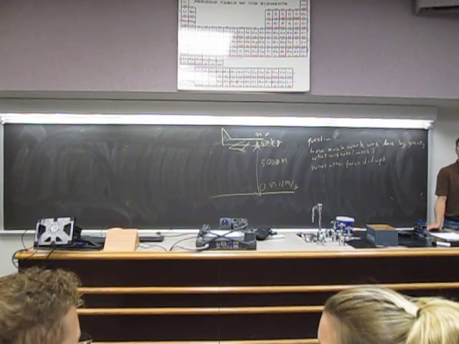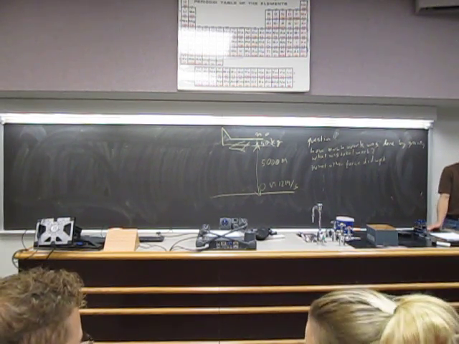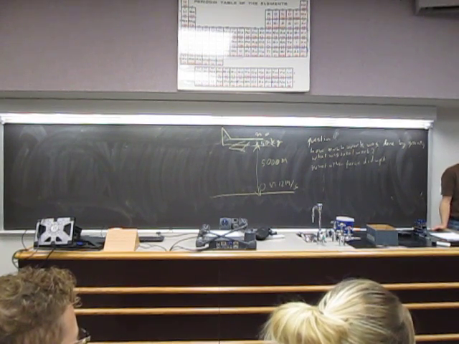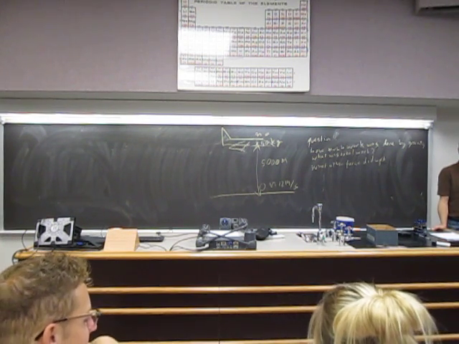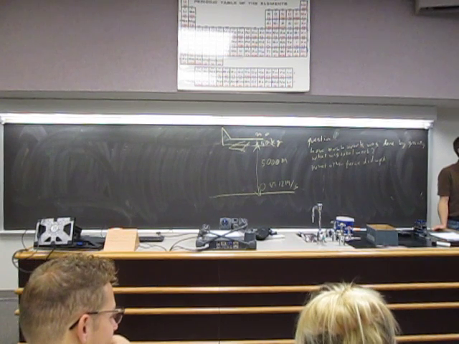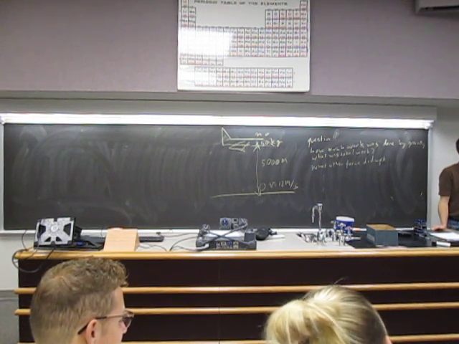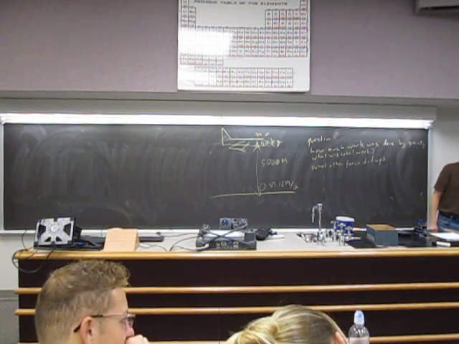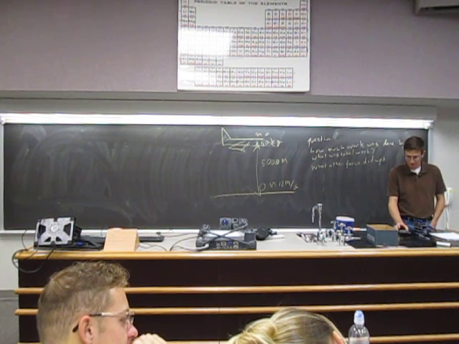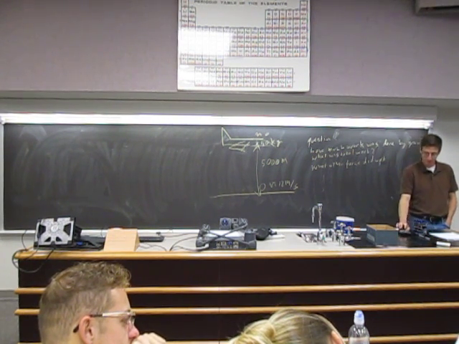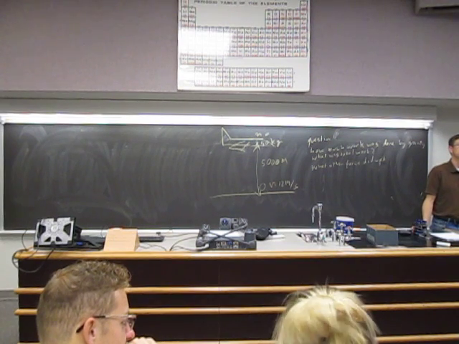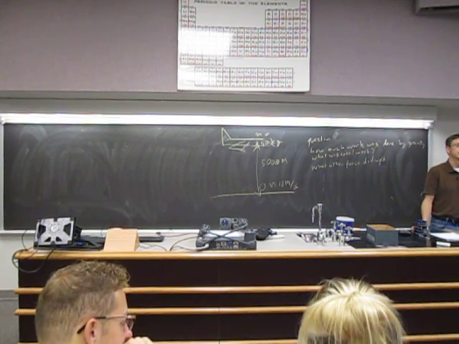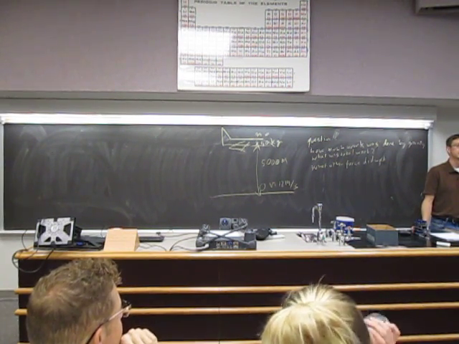I think this is right. That looks right. What's the total? VI is 0. Squares, right?